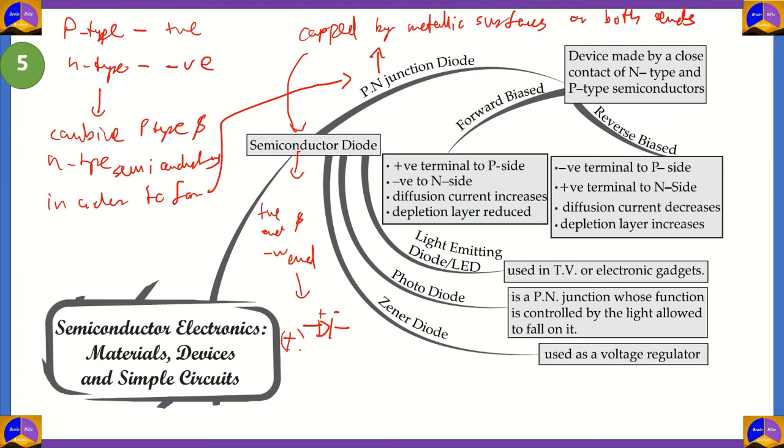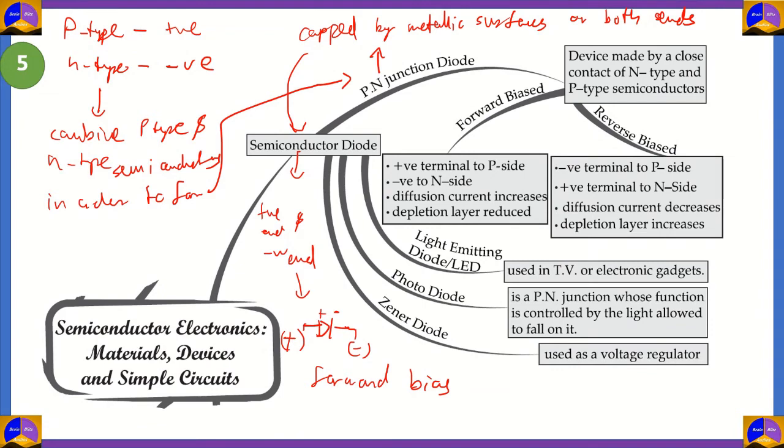Now suppose we connect the positive terminal of the battery to the positive part of the diode, and the negative terminal of the battery to the negative part of the diode, then you are essentially putting this diode in forward bias.